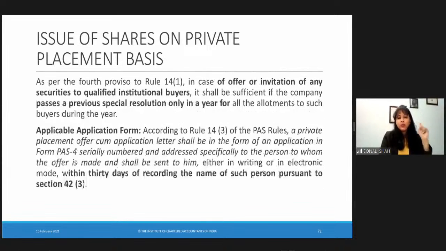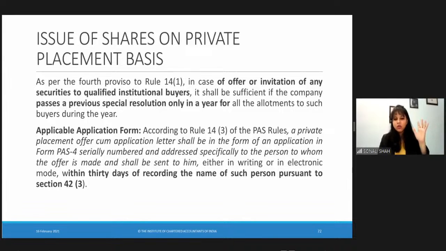Now, the third situation says that where an offer or invitation is made to a qualified institutional buyer, in that case also, passing a special resolution only once a year for such an allotment is enough. So in these cases, they need not go for repeated filing or repeated passing of special resolution.